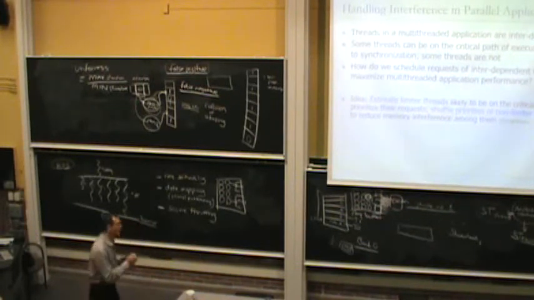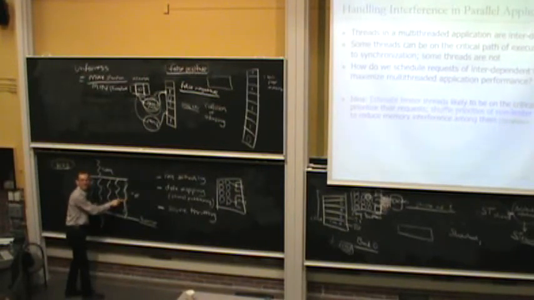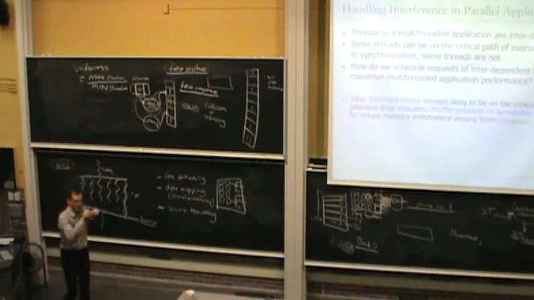So there are some threads that are limiters. In this case, it's thread 15. It happens to have too much work to do. So you prioritize it. Well, it's not as easy, because when you prioritize it, it may become a non-limiter. You can make it progress so fast that somebody else becomes the limiter. So these are some of the challenges in how to optimize the memory scheduler for this kind of application.